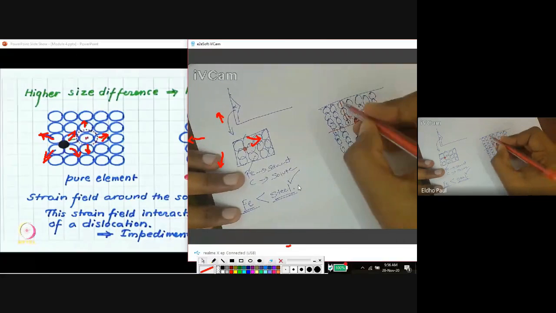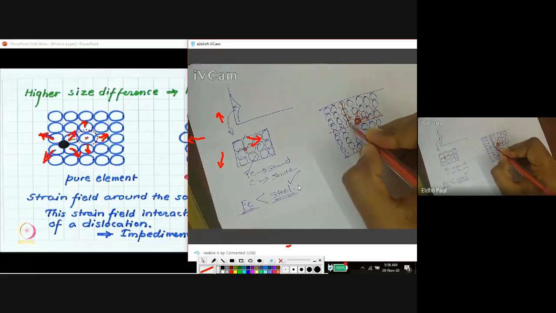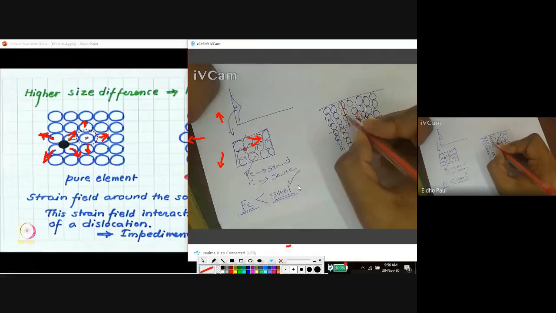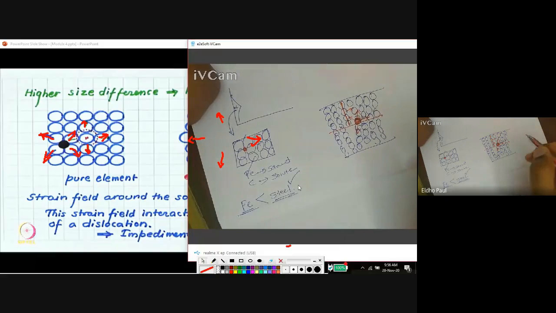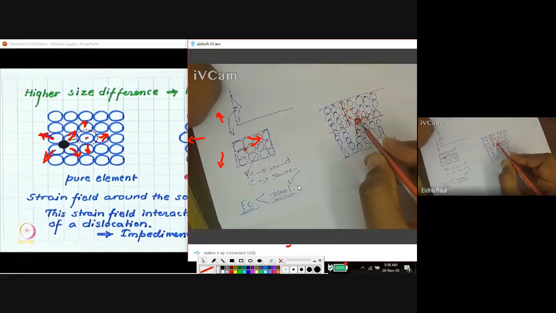Okay, so this edge dislocation has a stress field or strain field, and it may be tensile or compressive. So when this dislocation line moves in this direction, what happened? This solute atom also offers a stress field that is also maybe tensile or compressive.